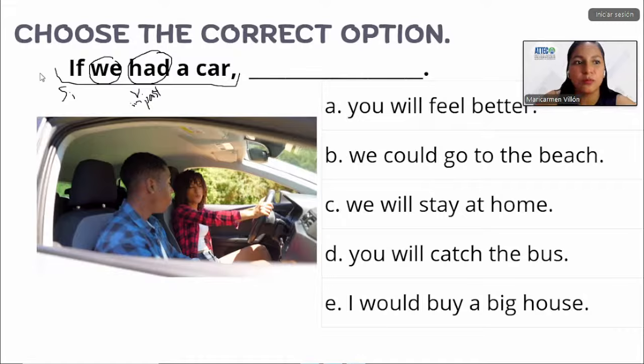Se me ocurre, if I had a lot of money, ay, si tuviera mucho dinero, por ejemplo, esta. I will buy a big house.